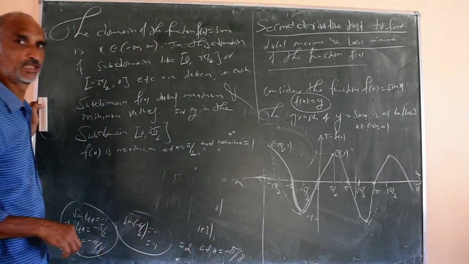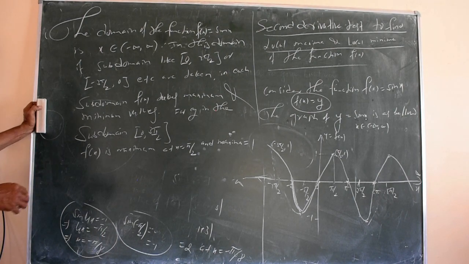Maxima is 1. Maxima means maximum value. Minimum means minimum value.